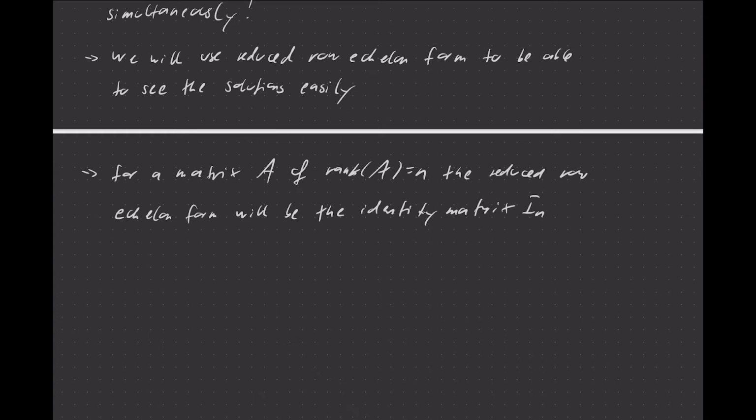And then on the right-hand side, we have those right-hand sides there. And that means we can read off the solutions immediately. So the right-hand sides, those will then be the vectors b1, b2, b3, and so on that we actually want.